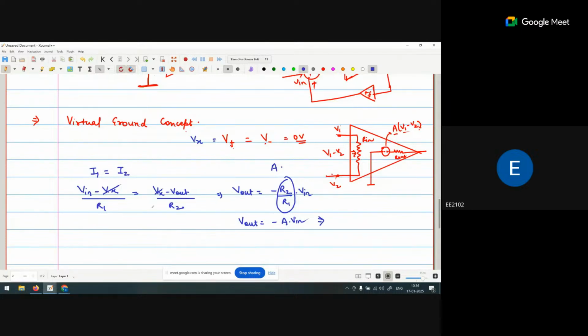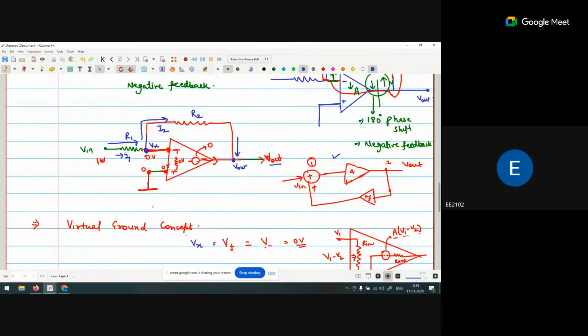So if I am getting the output voltage with a negative sign, can I consider this negative terminal of the op-amp? This terminal of the op-amp is called the inverting terminal. Why inverting terminal?